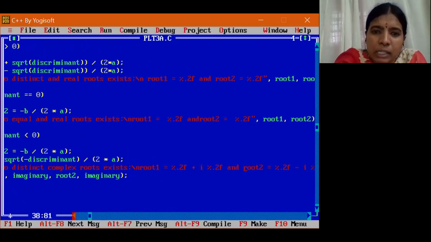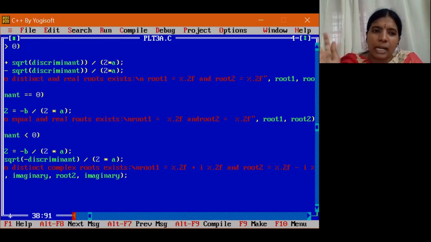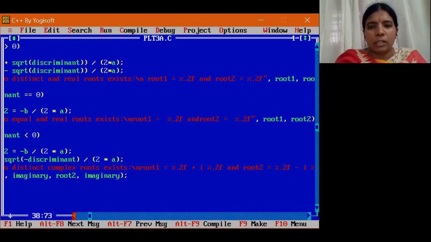What does this percent 0.2f mean? As we have seen in managing input output, percent 0.2f prints the fractional part only up to 2 decimals, because in general float prints up to 6 decimals. That might or might not be relevant for us, so we are limiting ourselves to printing 2 digits after the decimal point.